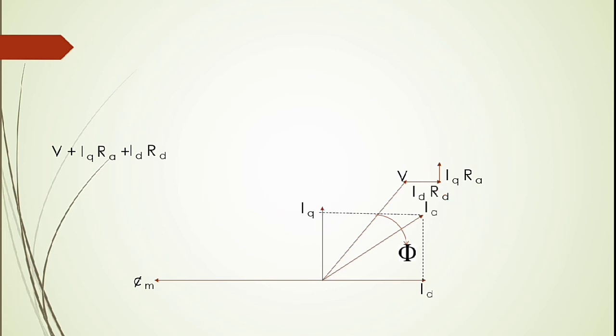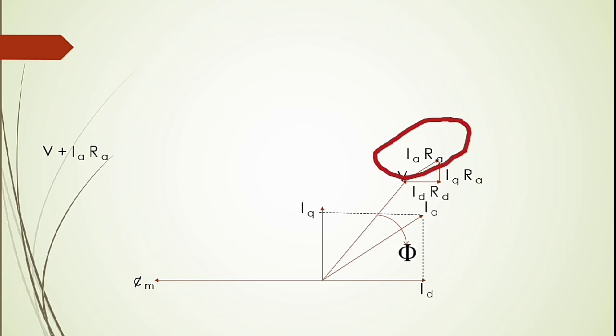Then the next step: we can see IDRD and IQRA together. In short, we can say it is IARA. The line of IARA and the line of IA are parallel to each other. So we calculate V plus IARA.